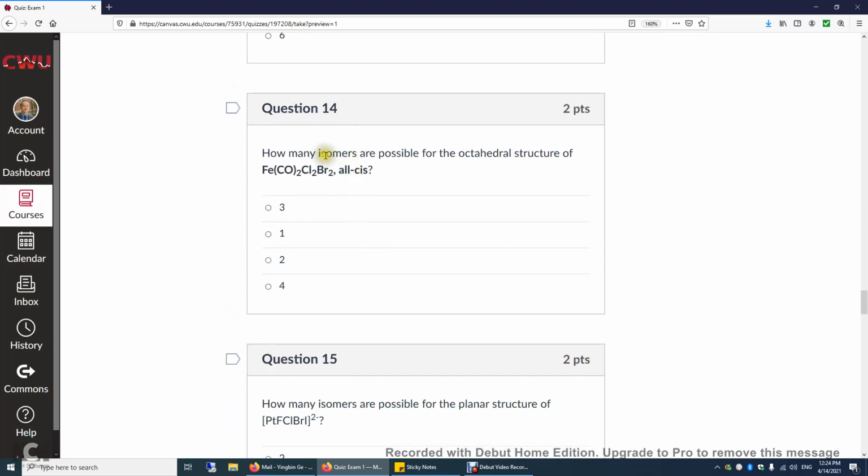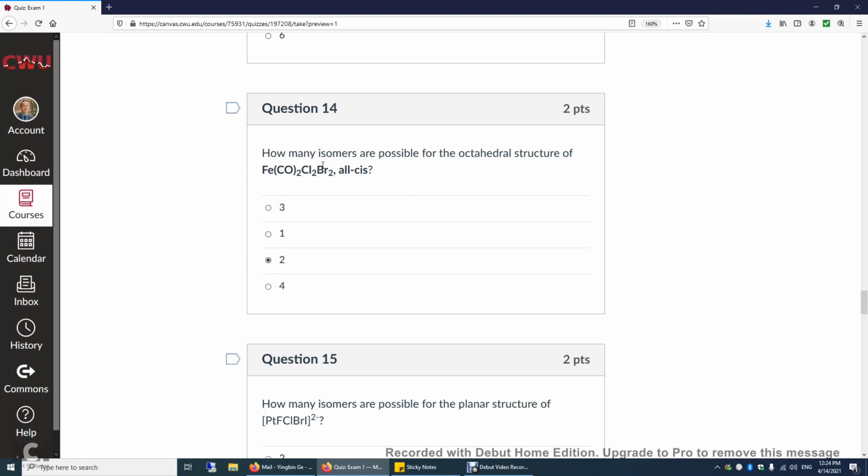Question 14. So this is all cis. Intuitively, you would say maybe if it's all cis, it should be 1, but it's not correct. It's 2 because of the enantiomers. Because of the enantiomers, when you have this all cis configuration, this structure does not have S1 symmetry or S2 symmetry or S3 or S4.